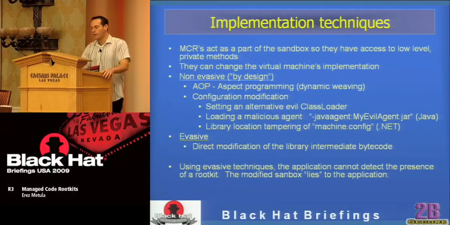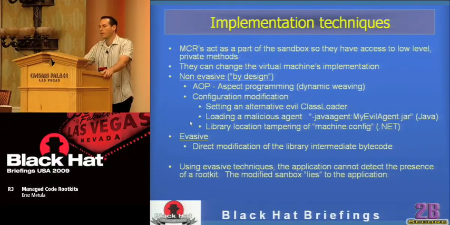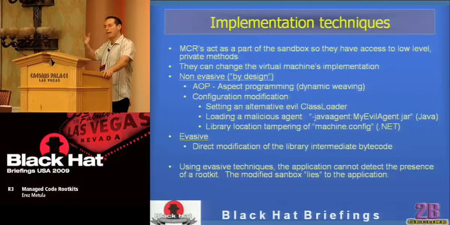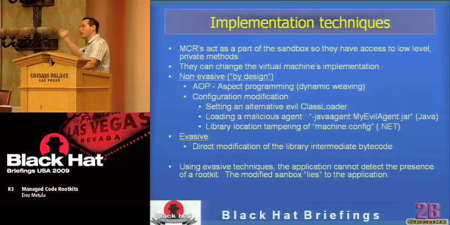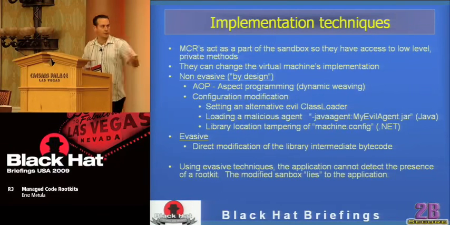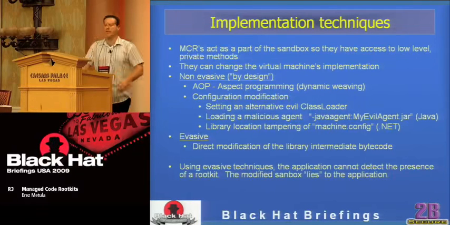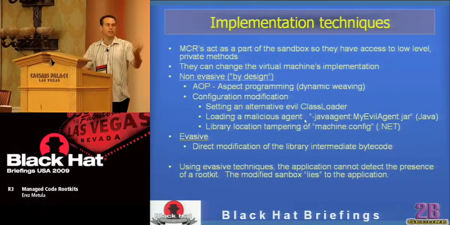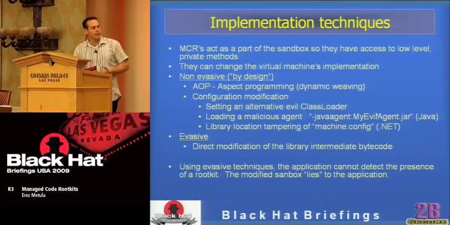For example, using AOP, aspect-oriented programming lets you attach code, pre-code, post-code to some specific method. So this is by design. You don't have to modify code to do that. The framework lets you do that. We're talking about configuration modification, for example, setting an alternative evil class loader, for example, loading a malicious agent in Java. This is how you do it.